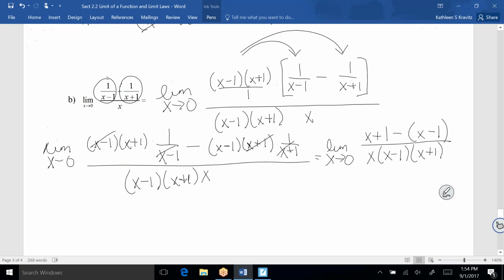All right, still looking at common factors that we can cancel. So the numerator becomes x plus 1, and we have to distribute that minus into the numerator. So the numerator is x plus 1 minus x plus 1, and the denominator is still factored.